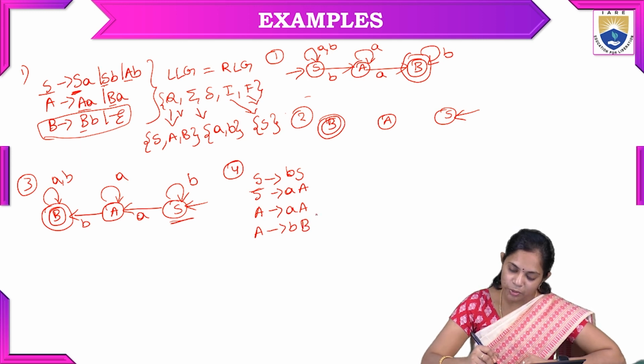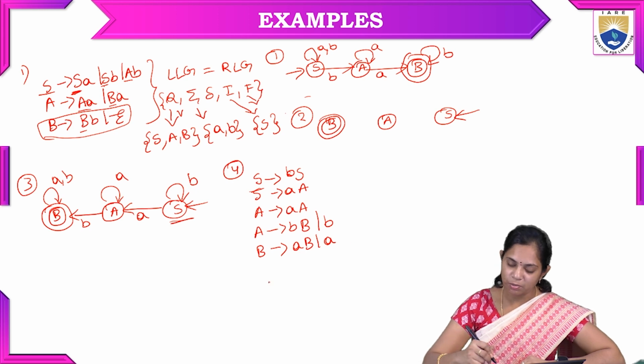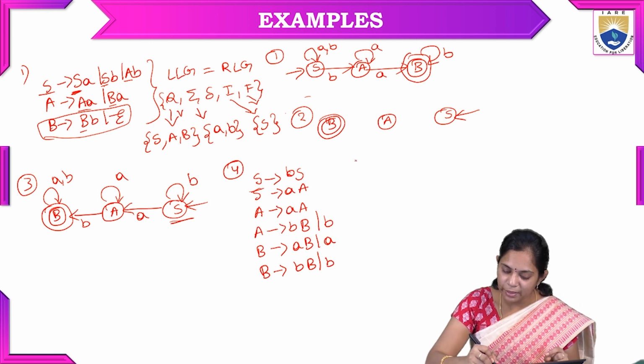So that is how to represent a final state. We have to write like this. And here from B state, whenever we are giving A as an input symbol, it is reaching the state B, as well as we have to write the terminal symbol also. From state B, B as an input symbol, it is reaching B, and we have to write the B. And these are all we have to simplify.